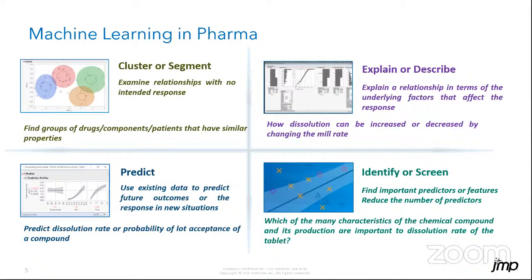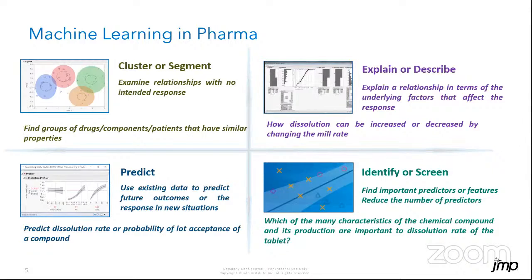Dissolution is an important so-called output, so that you accept or reject the tablet based on the dissolution, right? So you start predicting. Use the existing data to predict future outcomes or the response in new situations. If I change the mill rate, what is going to happen?